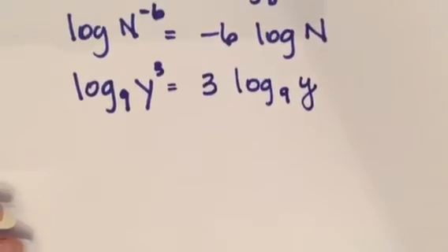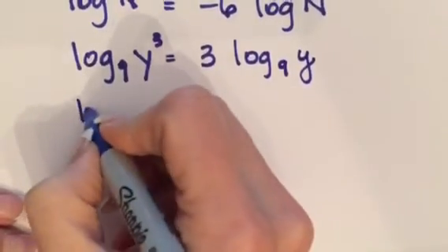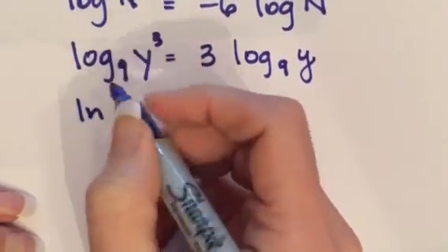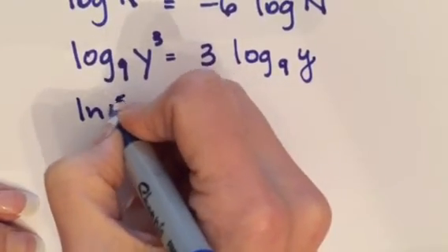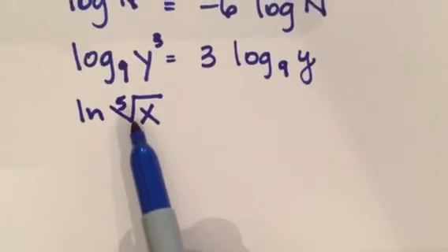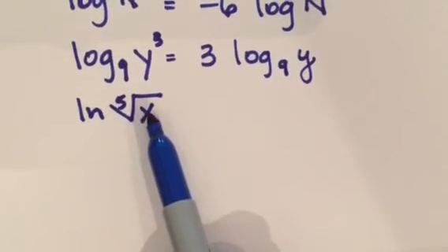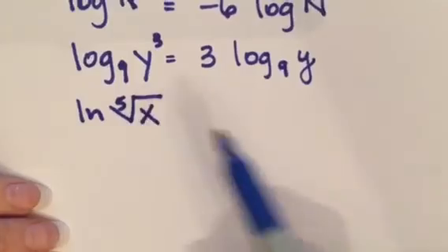And the last one we're going to look at together for this rule is ln of the 5th root of x. And this one is the trickiest. It's really not too bad. We just need to remember that we want to change this radical form to an exponential form.